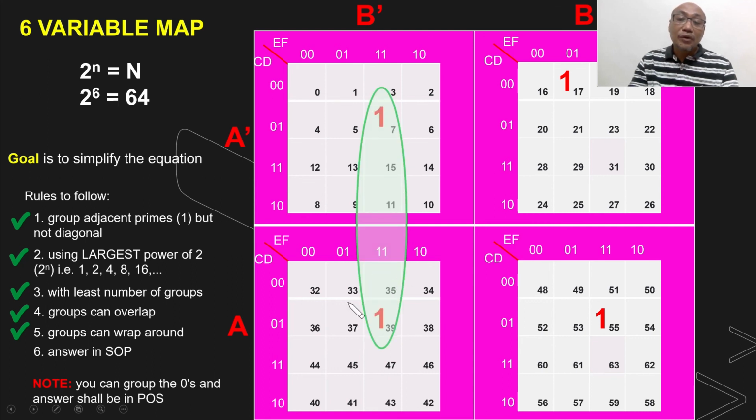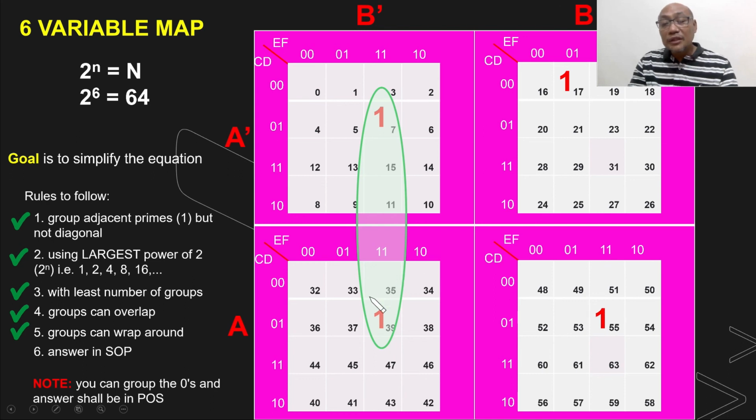So we can group these two, thus eliminating what? The value for A, because A here will be equivalent to A prime, and A here is equivalent to 1. B prime, however, remains. So as if what we are trying to use is the 2 variable map, but they belong not only on a 2 variable map, but actually in a 6 variable map.